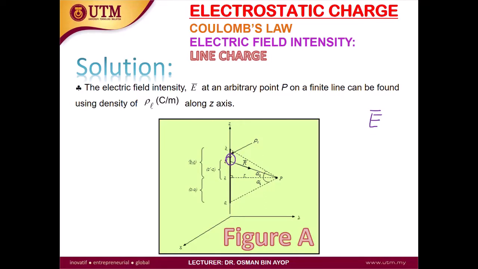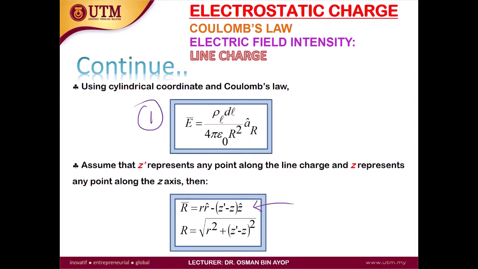We put the sample charge at this point, at location z prime, and z is basically normal to the point P. So we have z prime minus z, these locations, and this vector R. How to define vector R is basically it's going down and then going to the other direction. So it becomes this form.